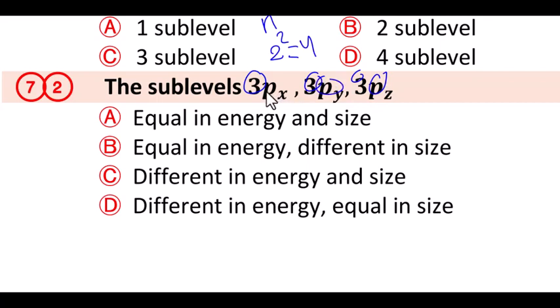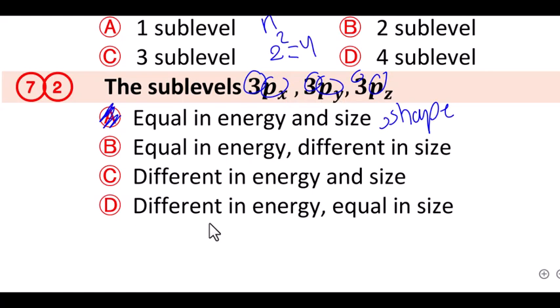They are equal in energy and size and also in shape. They have the same shape, dumbbell, and the same energy and size, but they are different in orientation along x, y, z.